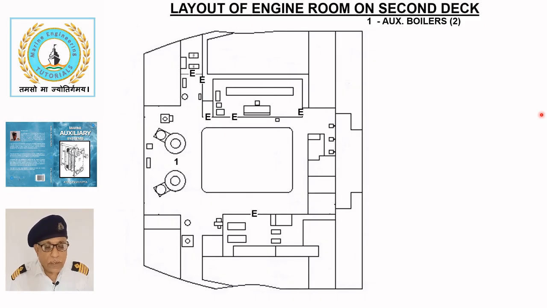The steam generated is also used to drive the cargo pumps. This deck is located above the load water line to prevent backflow of seawater into the boiler during blowdown operations.